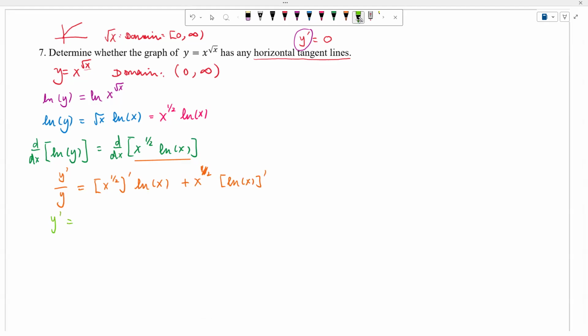Then I have y prime is y times 1/2 x to the negative 1/2 natural log of x plus x to the 1/2 times 1 over x. And now I have y prime is equal to, okay, so y is x raised to the power of square root of x.